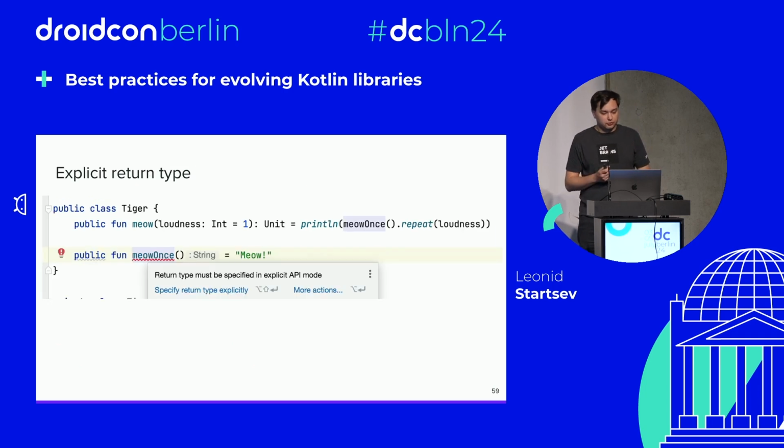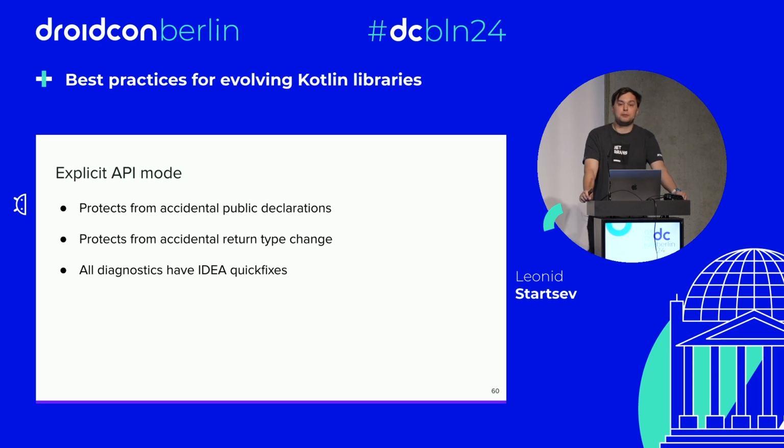So again, instead of waiting for the API check to fail, we can demand an explicit return type. So in explicit API mode, the return type also must be specified explicitly. And we also have a nice quick fix for it in IDEA. So to sum up, explicit API mode protects you from accidentally public declarations, protects from accidentally changing return types, and all diagnostics have IDEA quick fixes for the local place or for the whole file.